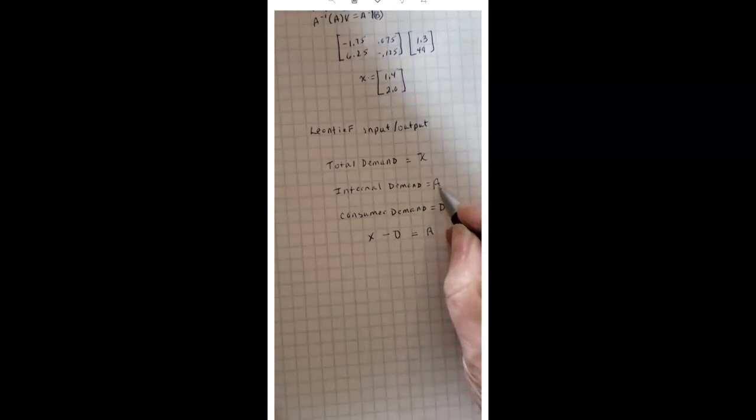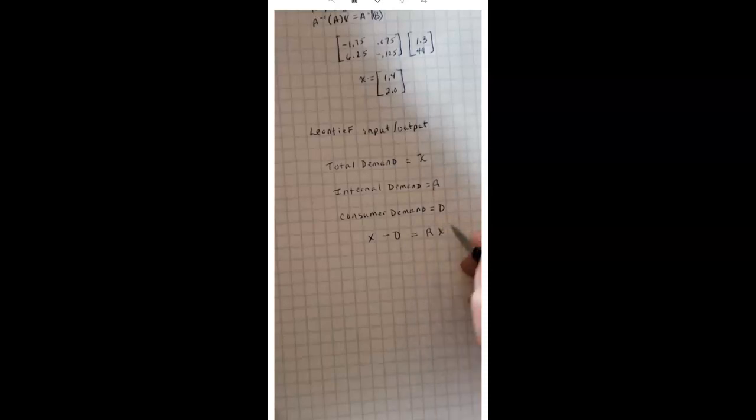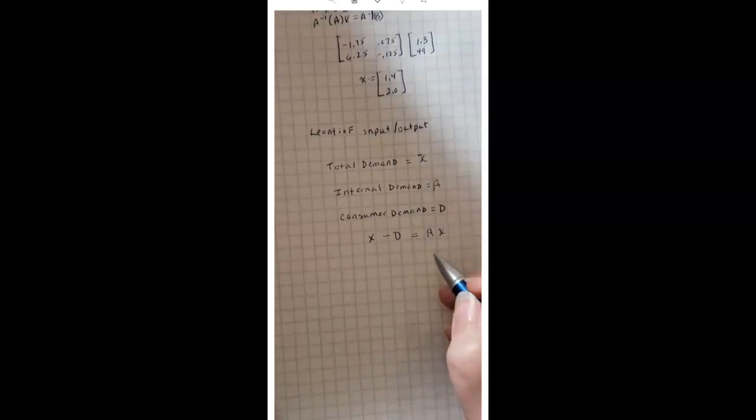But this internal demand is going to be based on how much you need to make. So that's going to be A times X.